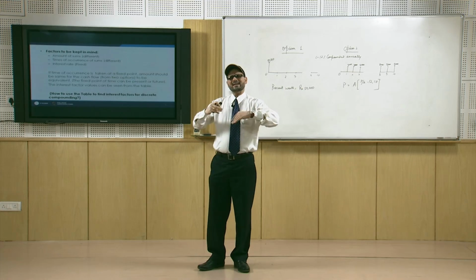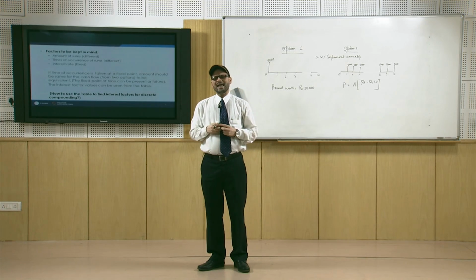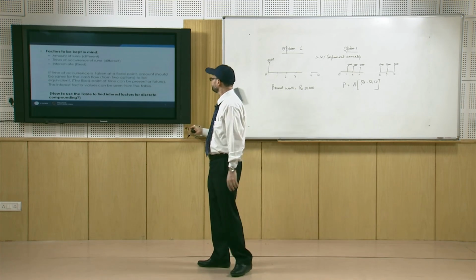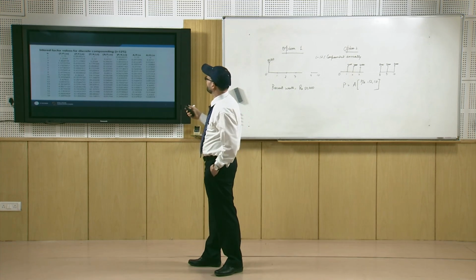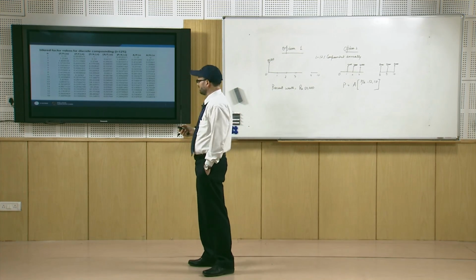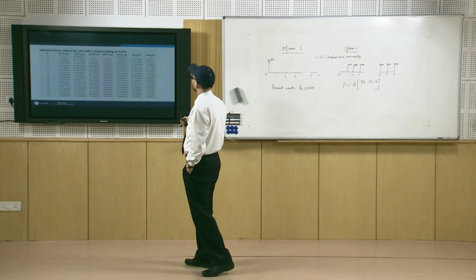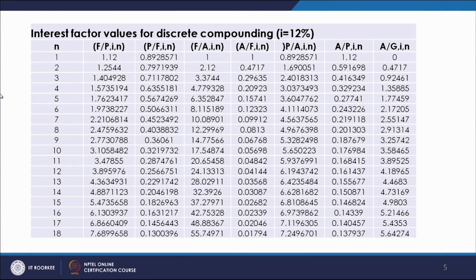Also, you can calculate on your own in Excel. How to use it? Let us see, these are the interest factor values for discrete compounding, that is i equal to 12%. Here you have n varying from 1 to 18, and these are the different factor values.